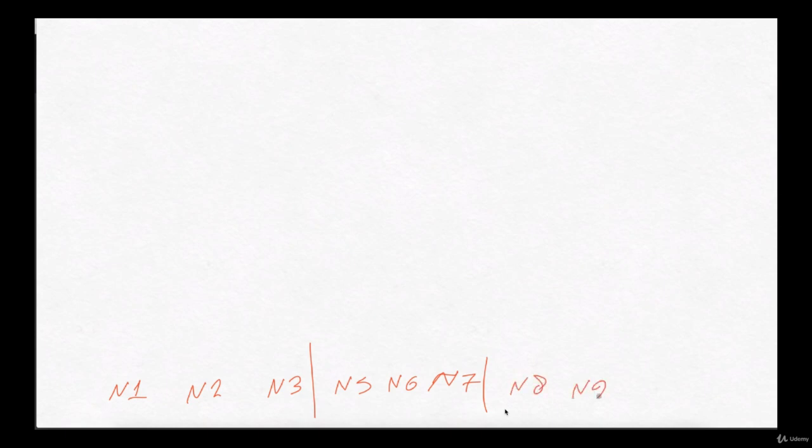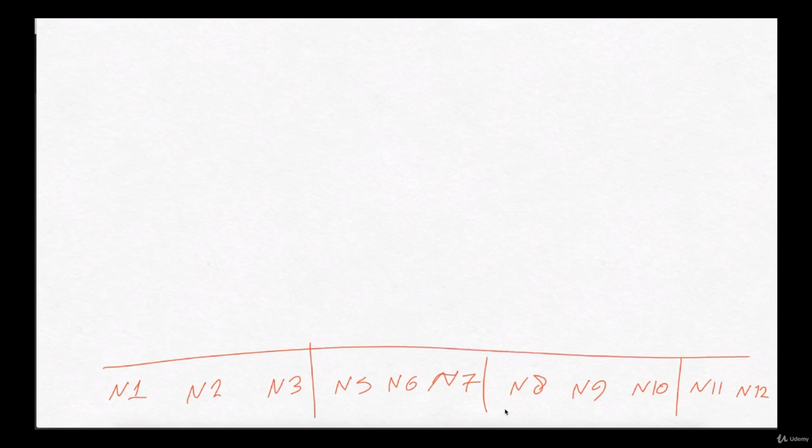So what I can do is I can create the nodes still in the common partition, node 1, node 2, node 3, node 5, node 6, node 7, 8, node maybe 9, 10, node 11, node 12. These are still in the common.